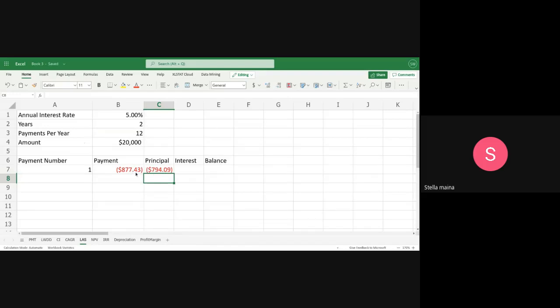So you can easily find the interest by subtracting, but let us just use the IPMT formula. I'm going to put equals IPMT.